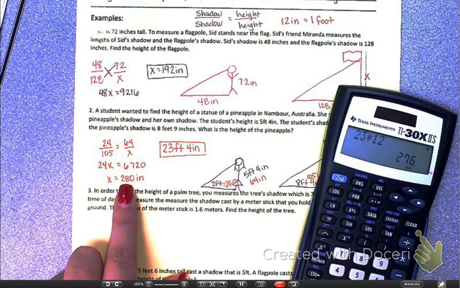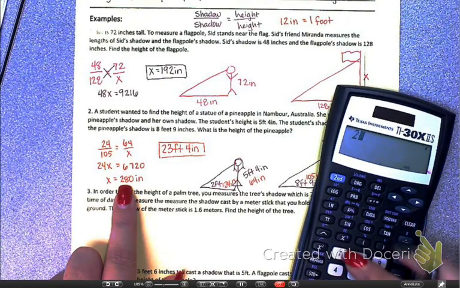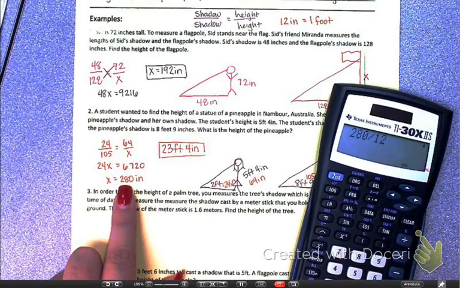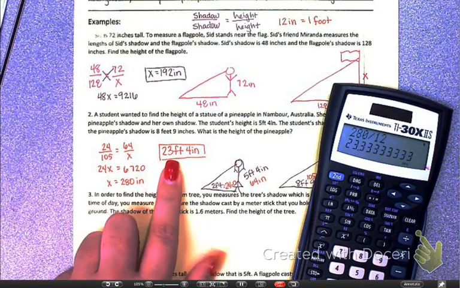Okay, so one more time. You started with 280 inches. I need to convert that to feet. So 280 divided by 12 gives me 23.333. All I'm using is the whole number, so 23 feet.